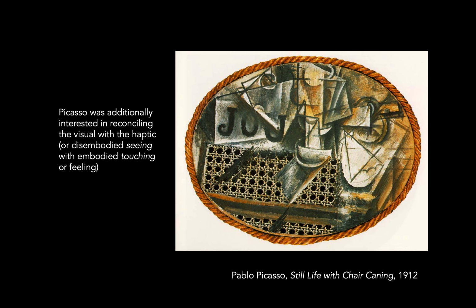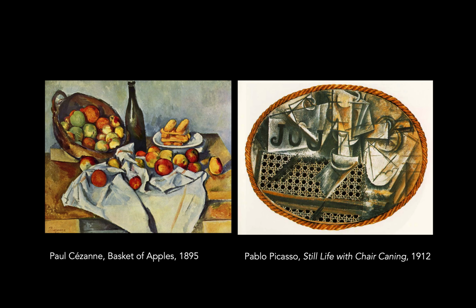So it's as if here the reconciliation is between the visual and the haptic, between seeing and touching or feeling. And I'm not going to go into this too much because I'll just go over time for the first half. But he's definitely influenced by Cézanne. So Cézanne already did this in certain ways in his wonderful paintings of the latter part of the 19th century.